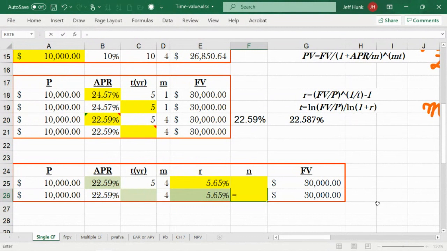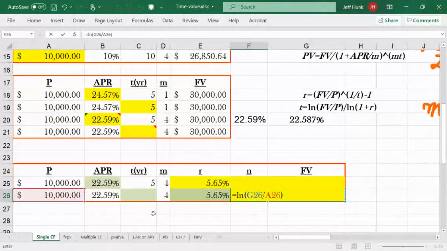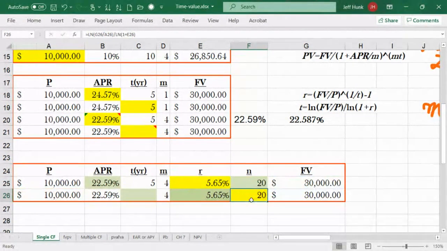So now we're going to take the natural log of FV over P, divided by the natural log of 1 plus R. And then it's going to give you 20 quarters.